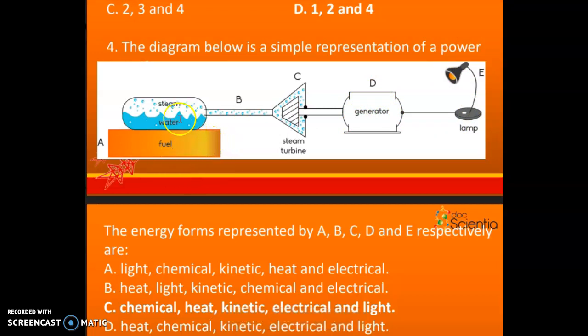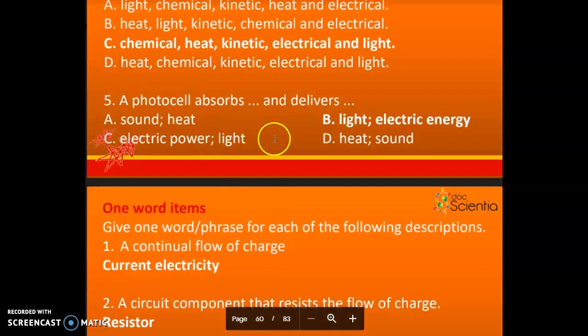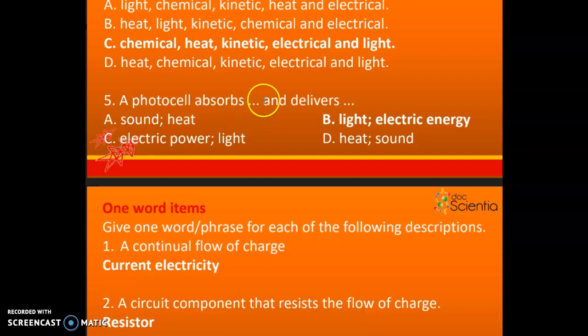So chemical, that heats, heat, kinetic, electrical, and then light.